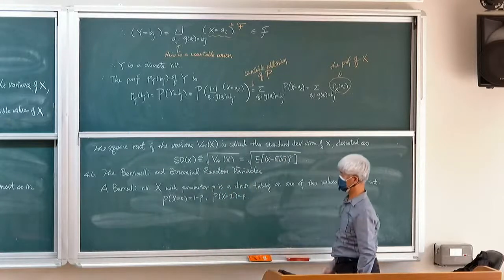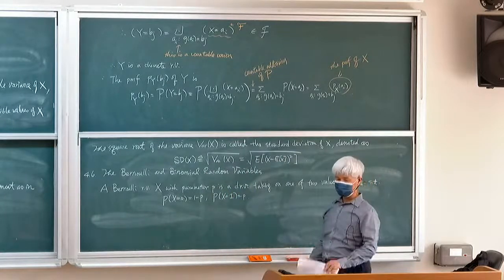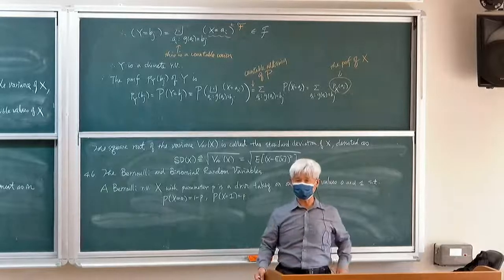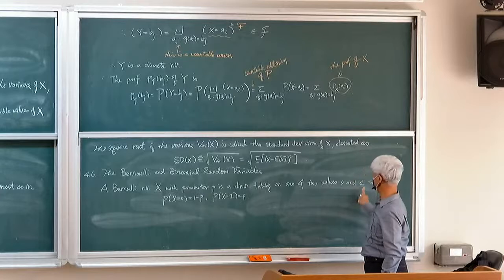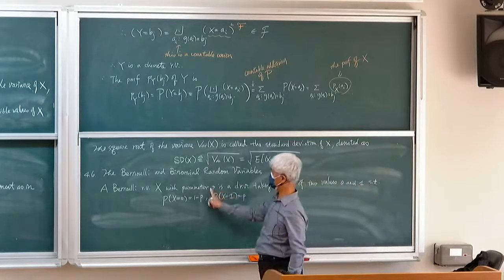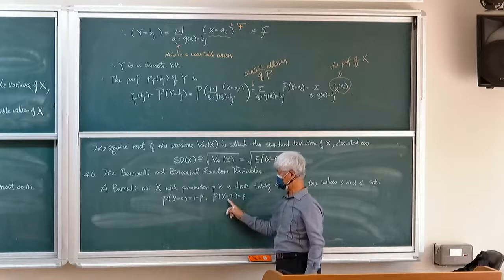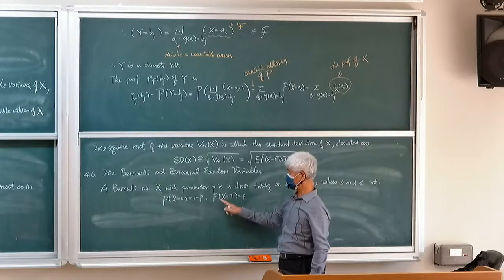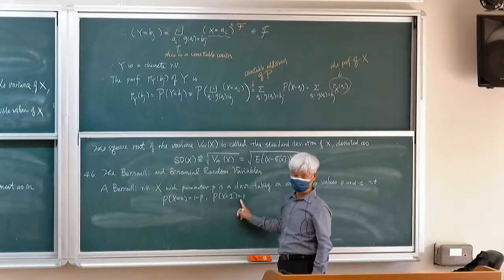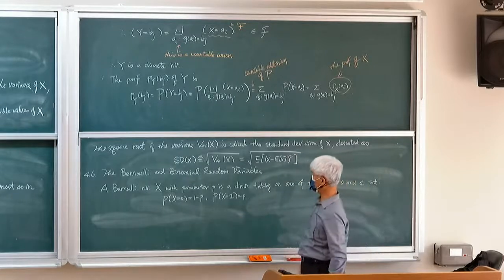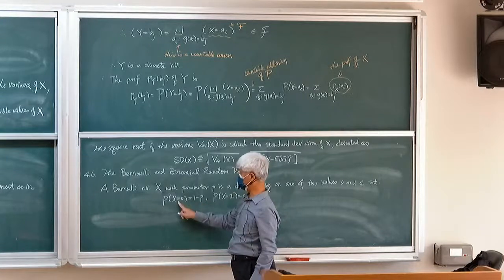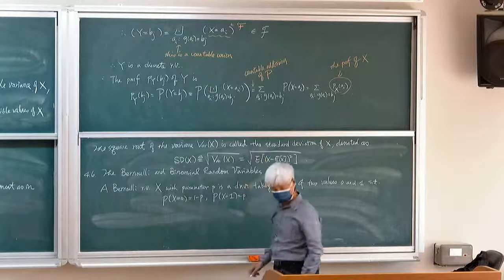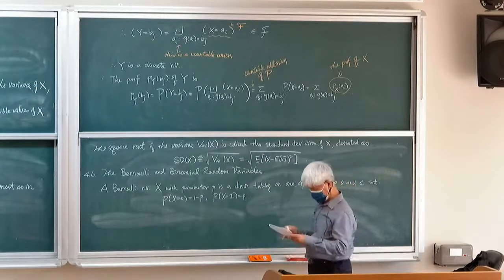Okay. So a Bernoulli random variable is a two-valued random variable, and the two possible values are 0 and 1. And the parameter p is just the probability that the Bernoulli random variable x is equal to 1. And because there are only two possible values, the probability that x equals 0 will be 1 minus p. Okay, so that is simple.